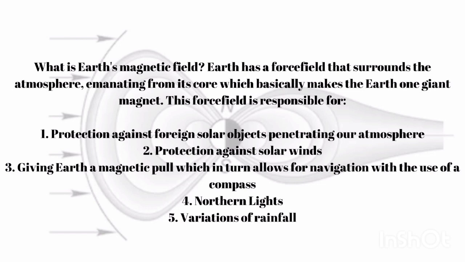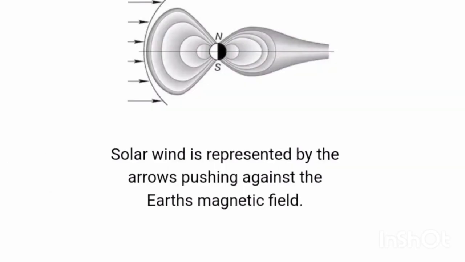The definition of Earth's magnetic field is a geomagnetic field that starts in the core of the Earth and emanates out into space, forming a magnetosphere.